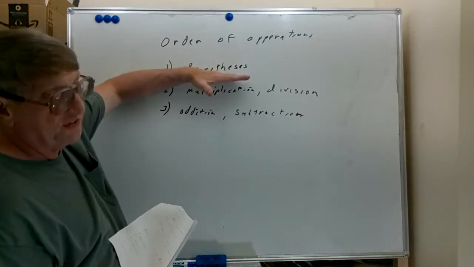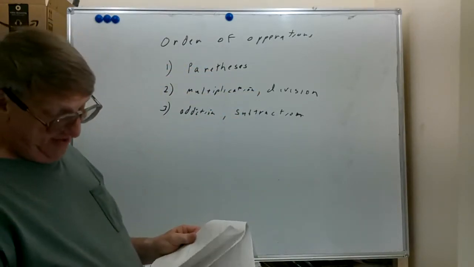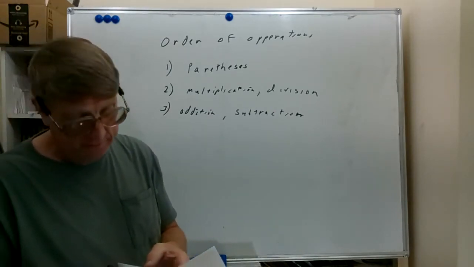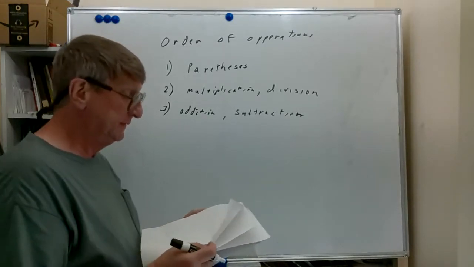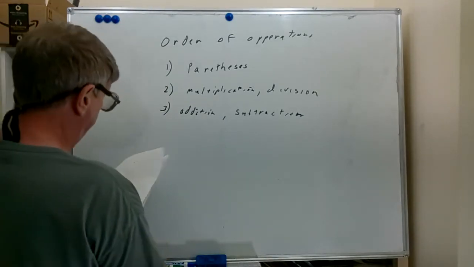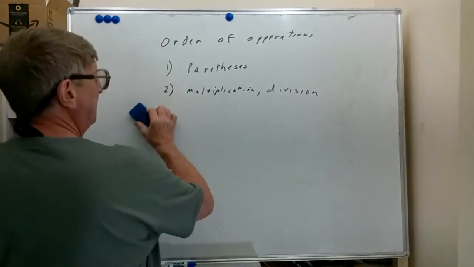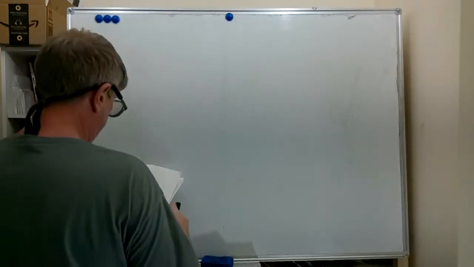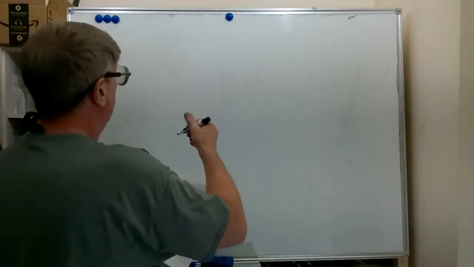But we use parentheses when we choose to override that type of a situation. We're going to do an example here. I'm going to erase this and I'm going to show you a little acronym that people like, a little memory aid. It goes like this.